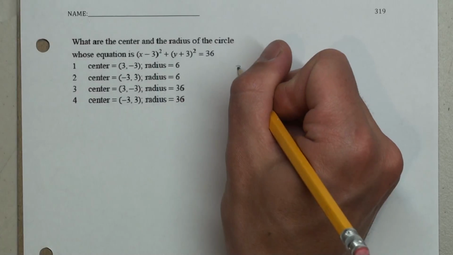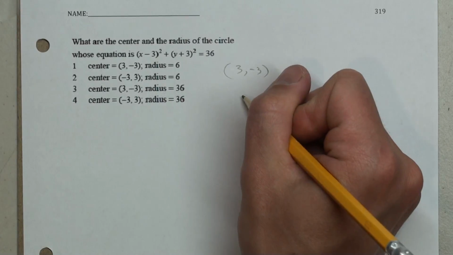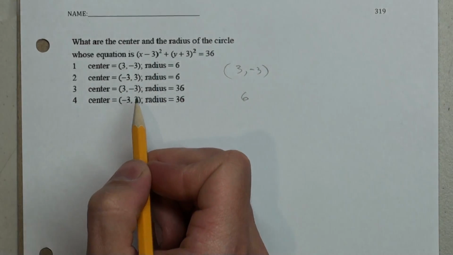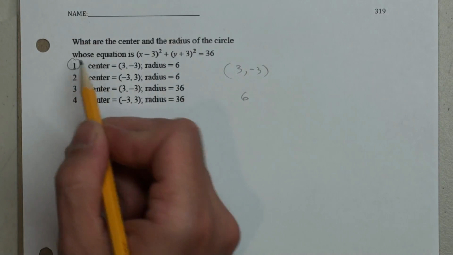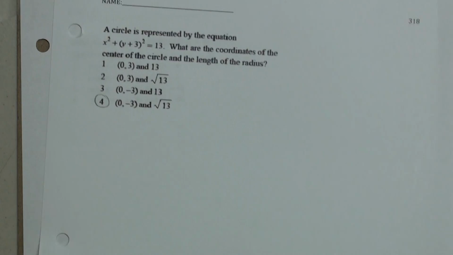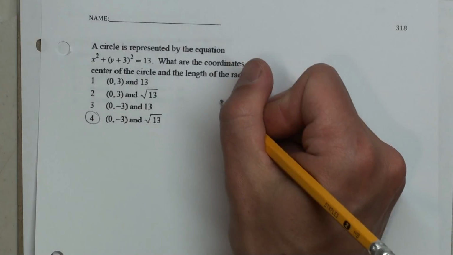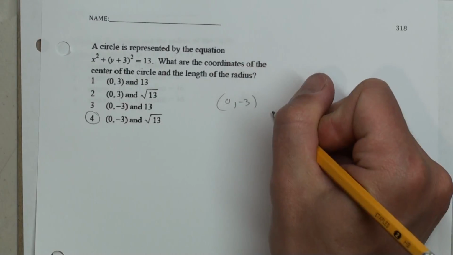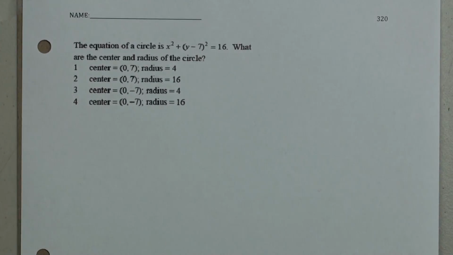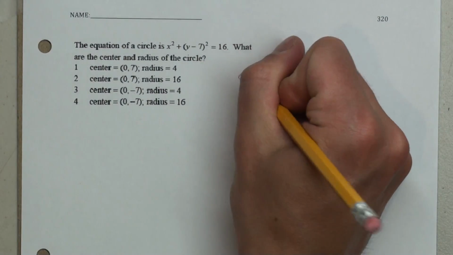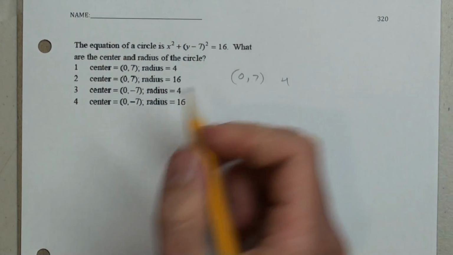Three, negative 3, 6. I'm just going to go back for a second. Zero comma 7 and 4.